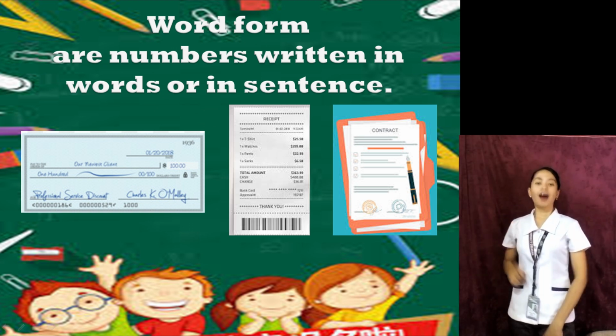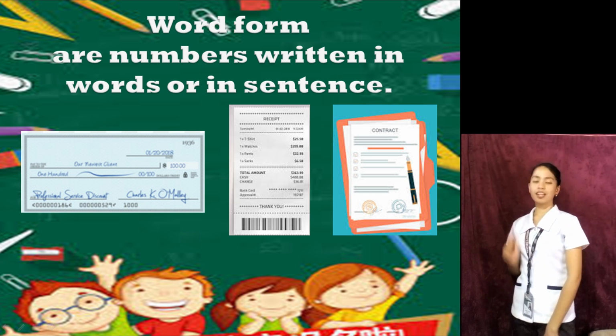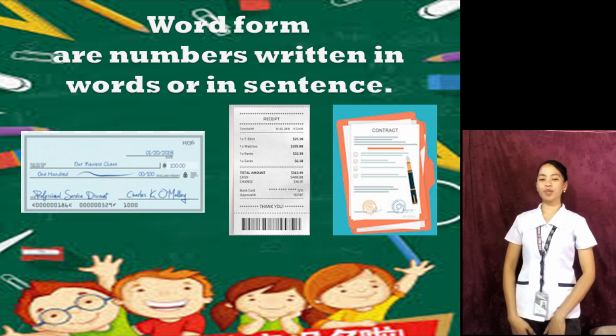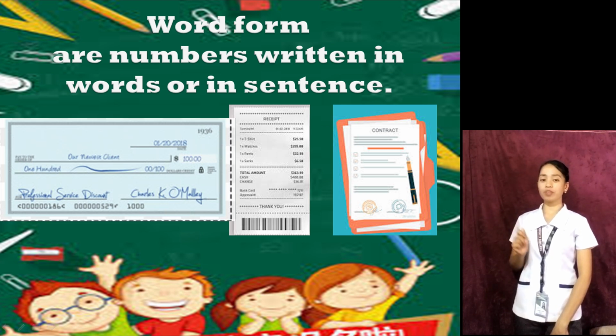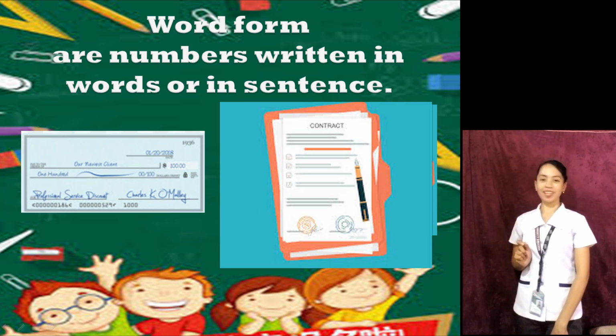Word form are numbers written in words or in sentence, where we usually see it. Like we said earlier, we usually see it in check of the bank, receipt, and also in the documents.